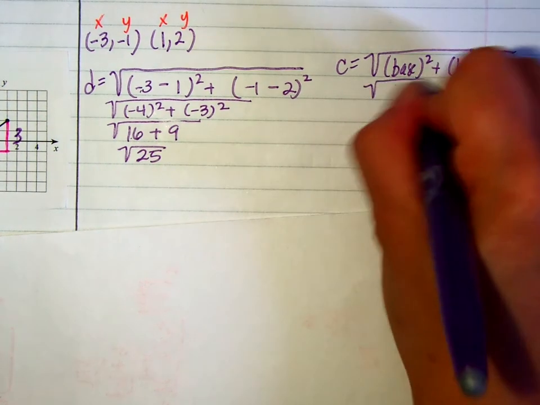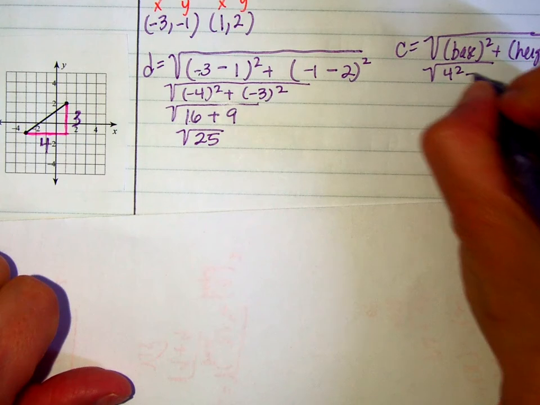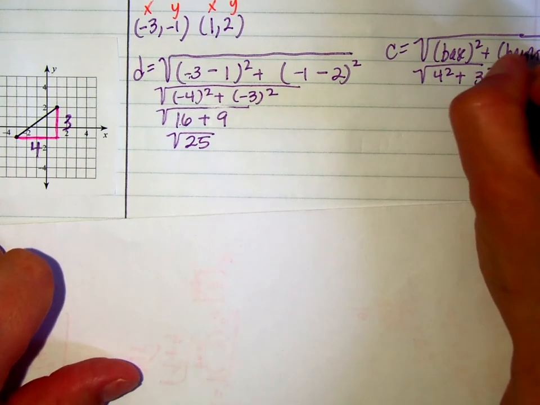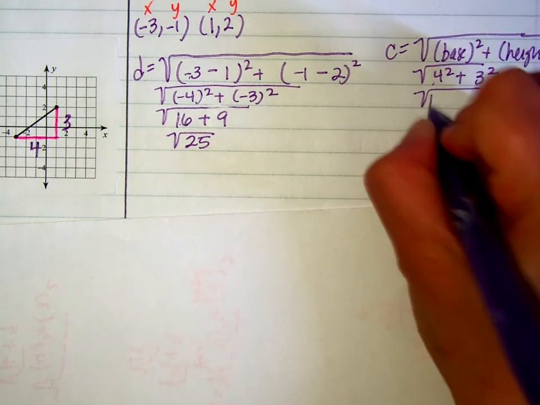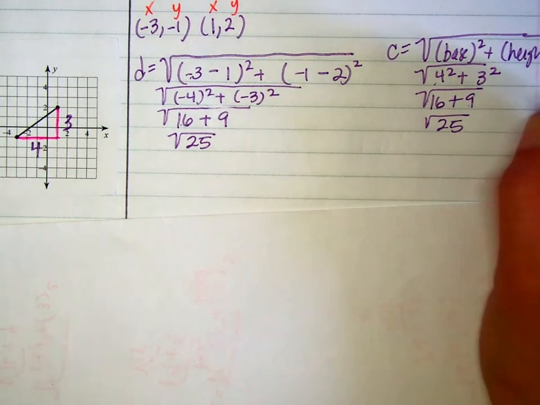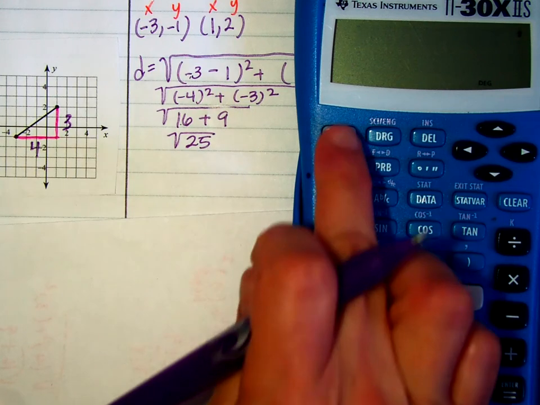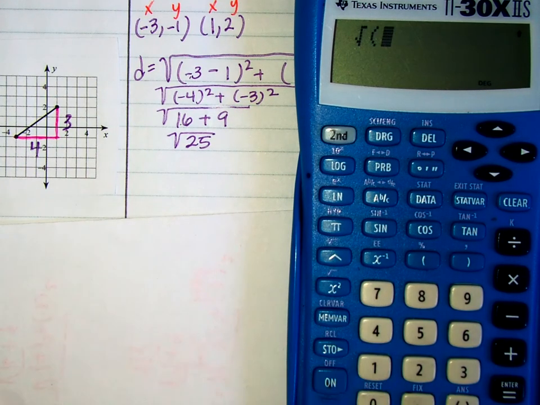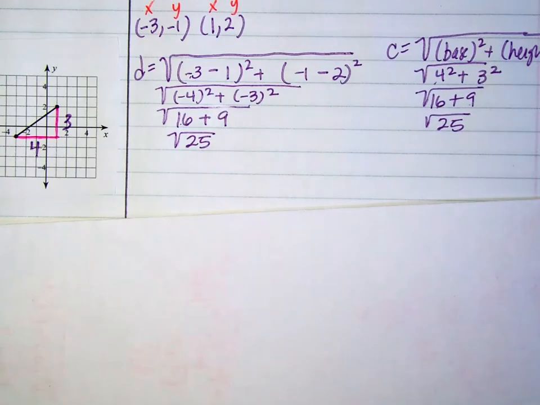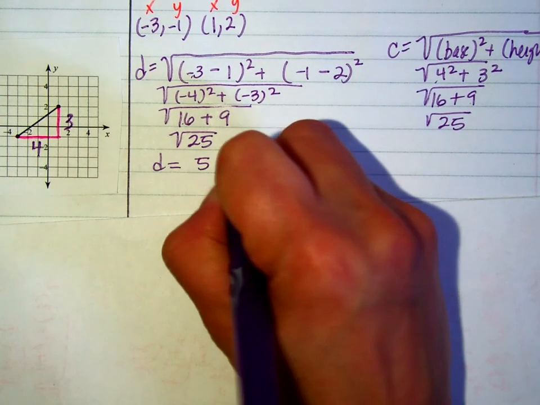The base for us was 4 units long, so 4 squared, plus the height of this triangle is 3 units long, so 3 squared. 4 squared is 16, 3 squared is 9, 16 plus 9 is 25, and now with your calculator you're going to take the square root of 25, and you should get 5. So either one of those is going to be 5 units.